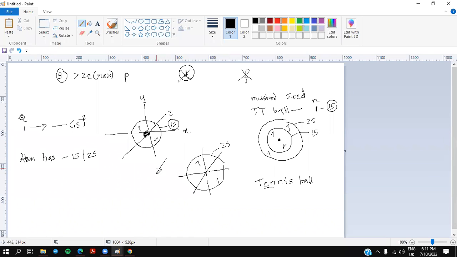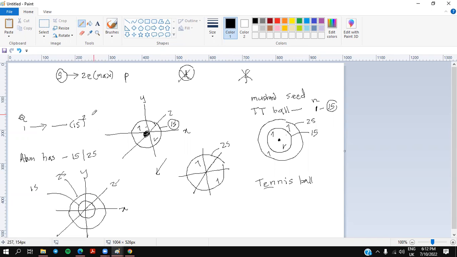However, if I take this 1s orbital and 2s orbital both in an atom, then we should be able to draw first the XYZ axis, and then I can draw a small circle for the 1s and a bigger circle to show the 2s orbital.